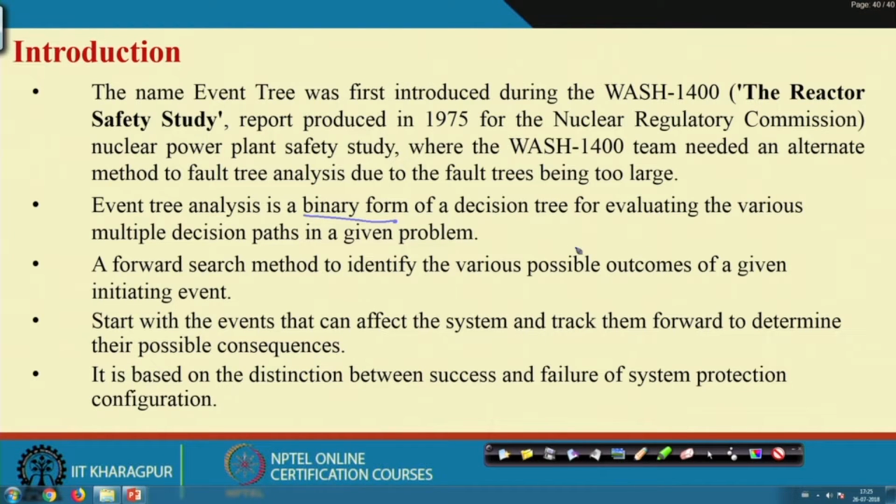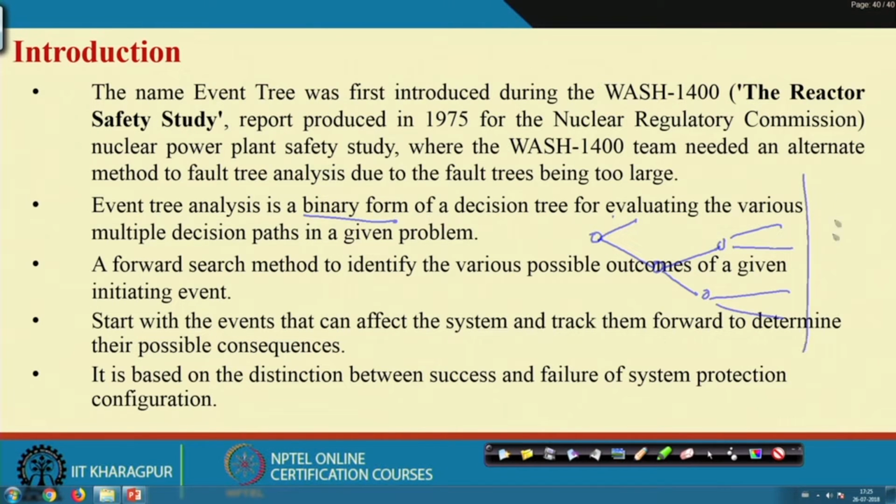Eventually you will have a tree-like structure. Suppose in the kitchen there is a leakage of gas, so then there must be a detection system. The detection system may be successful or a failure, and if the detection system is successful, then what will happen? Some actions will be taken, and those actions will become successful or a failure, and in this manner it will continue.